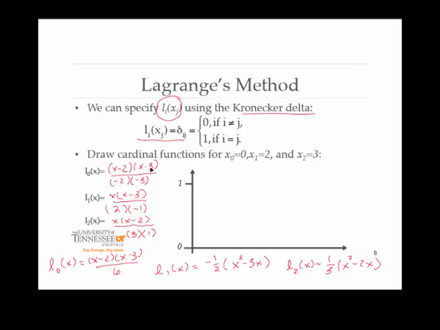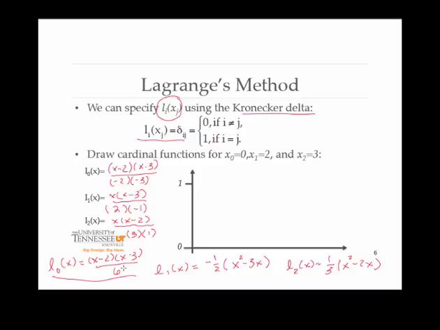So the denominator term is going to be a 6, and so this is exactly what we would have for L0 of x. And you could, of course, multiply those apart and get a form of x squared minus 5x plus 6 all divided by 6 if you wanted to. But it's fine to leave it in that form.